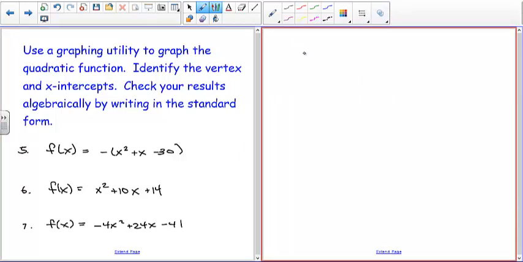So again, we're going to put this in standard form. So we'll take the original expression, move the 14 over here, take 10, divide by 2, which is 5. 5 squared equals 25.